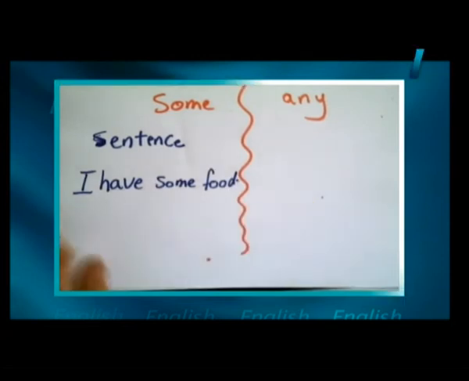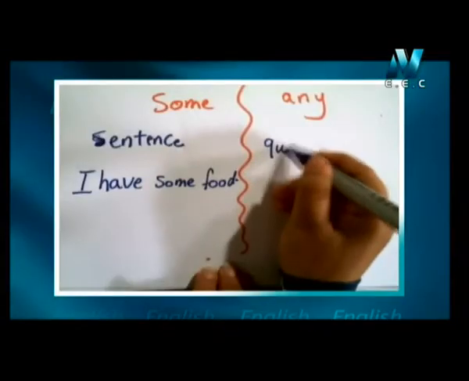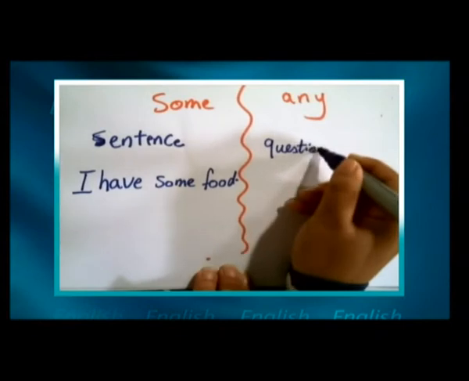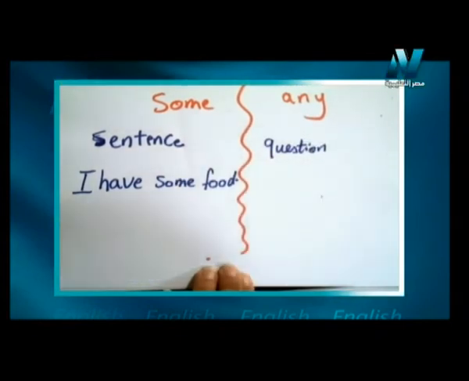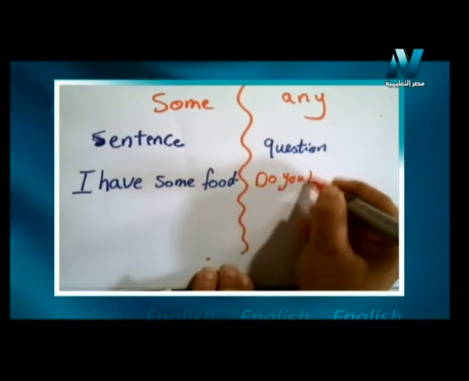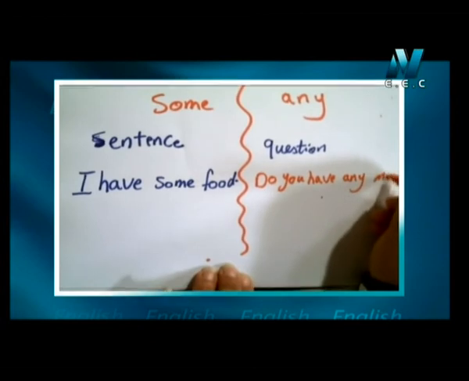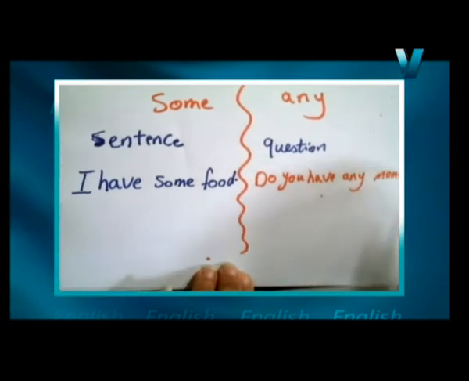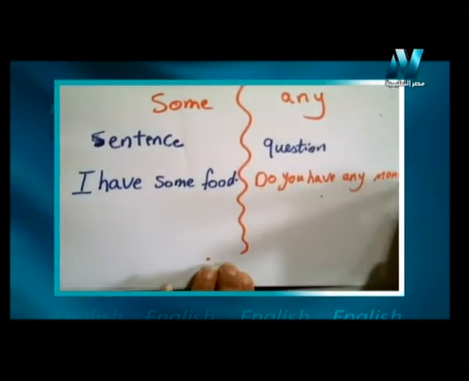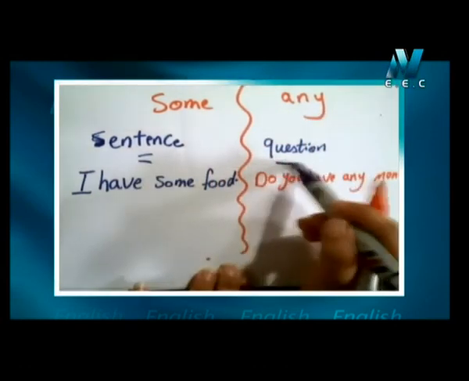I have some food. Okay? This is a sentence. But any, I'm going to use it in a question. I'm going to say, do you have any money? This is a question. So, I'm going to use some in a sentence and any in a question.